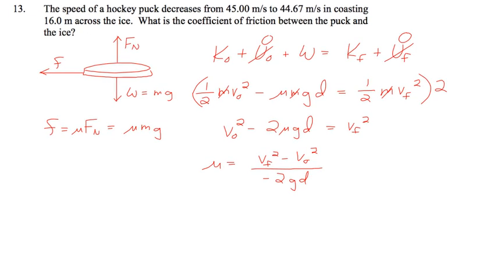Remember that mu shouldn't be negative. It's going to be just a number. So solving for mu, it's going to be Vf squared minus Vo squared over minus 2 g d. So Vf squared is 44.6.